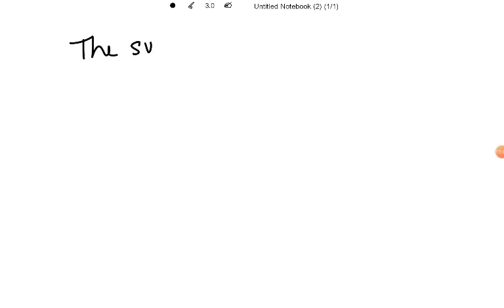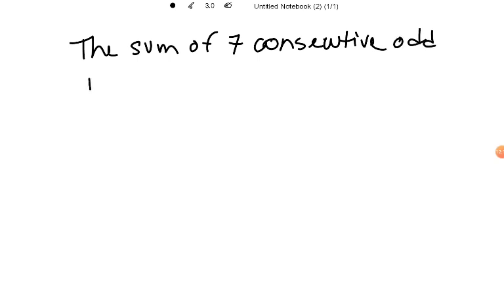Okay, and the last problem we had was the sum of 7 consecutive odd integers is 217.